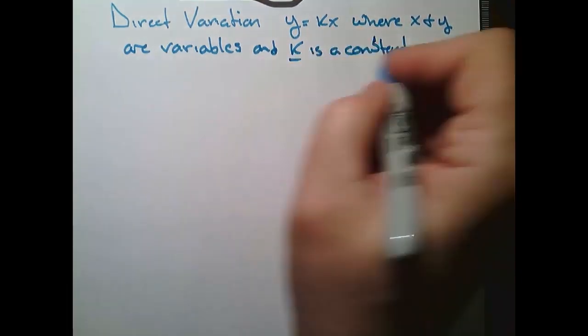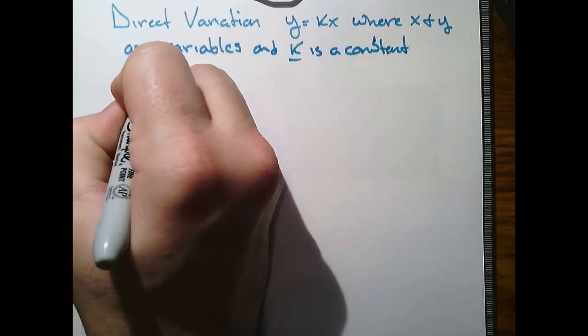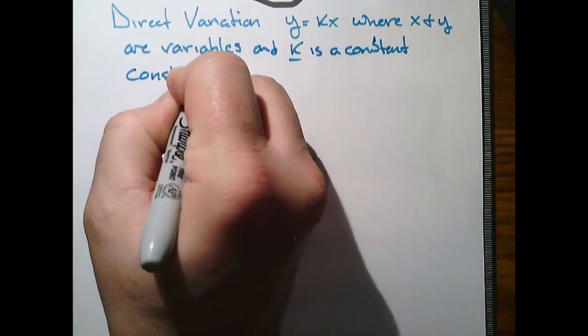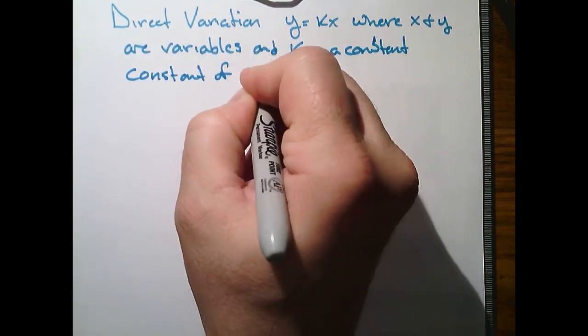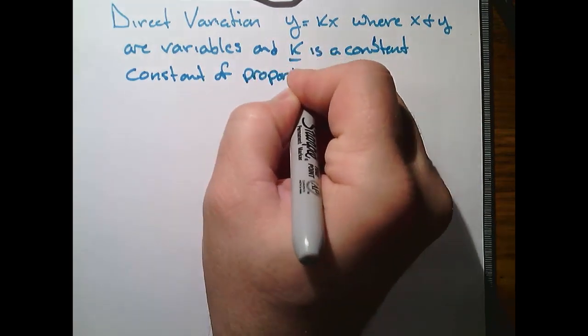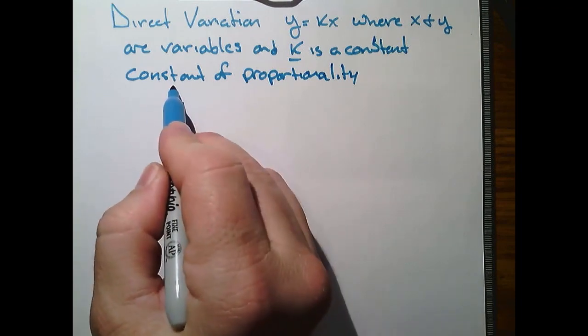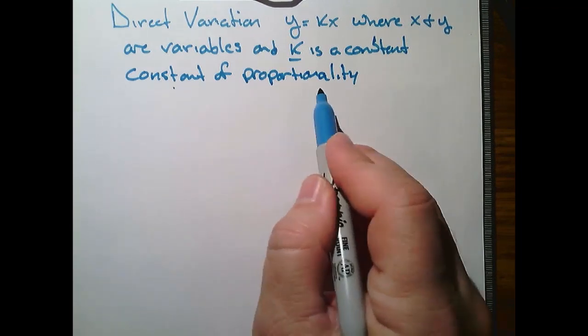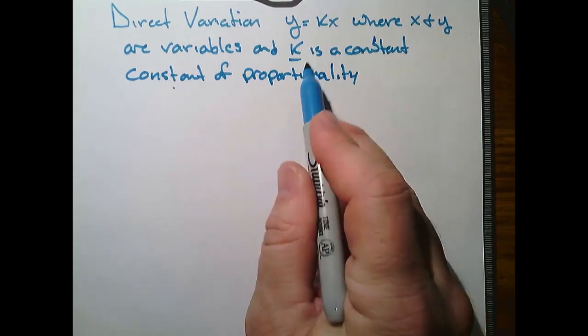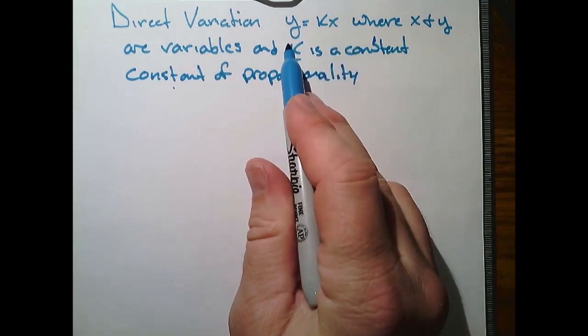And our k, we know, is called the constant of proportionality, because it stays the same, so it's constant, and it gives us the relationship between x and y.